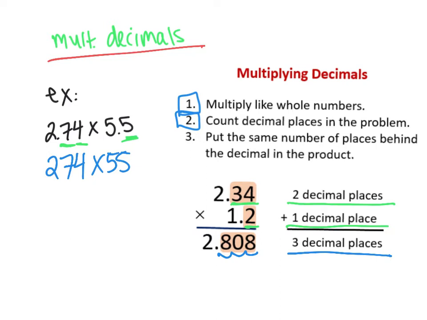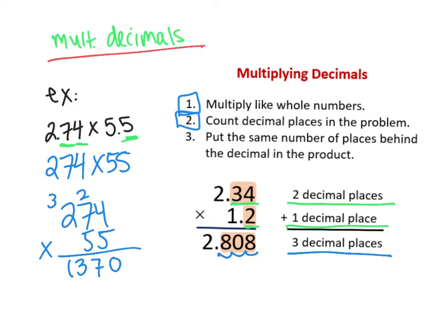So again, written out example there. We'll do my example on the side here. So 274 times 55 is 20, 35, 36, 37. And then 10, 13, add my place value 0 before I get started on the next one.